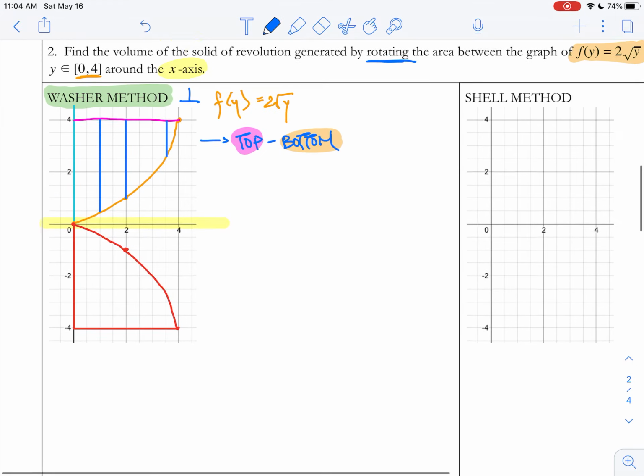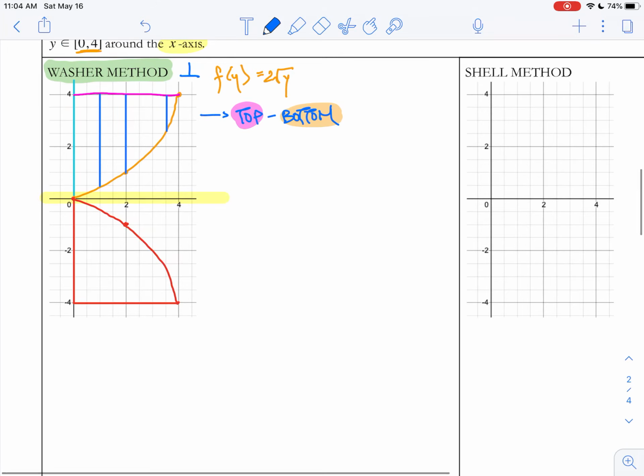All right, so let's set up our integral for washer method. So volume equals pi, the integral from a to b of big R squared minus little r squared dx.